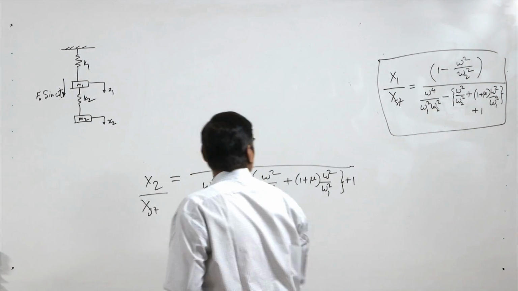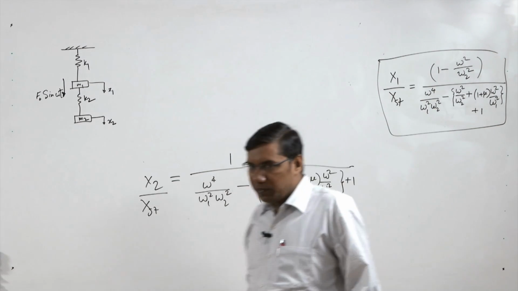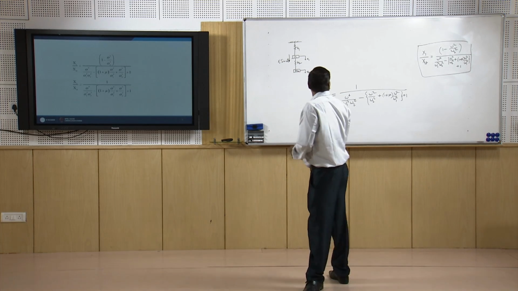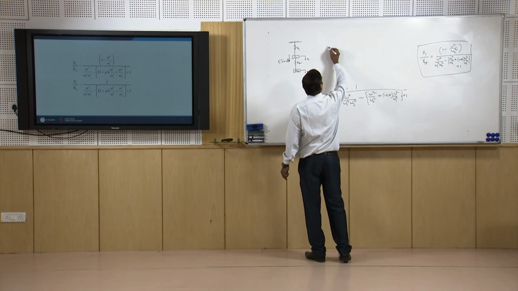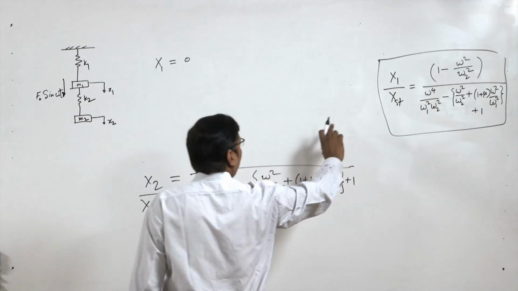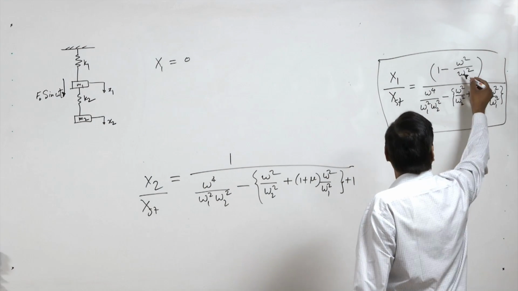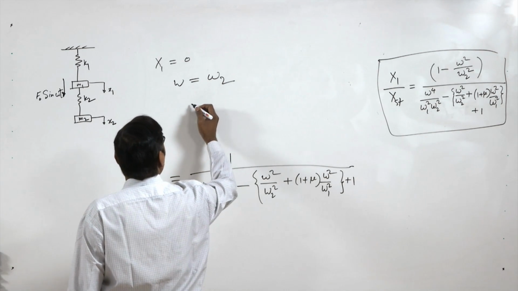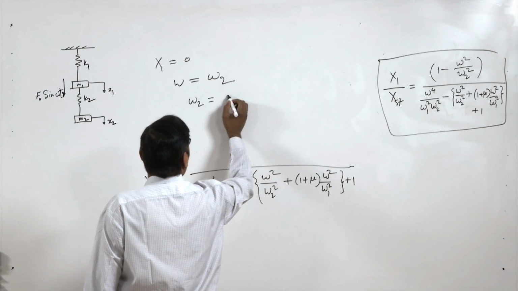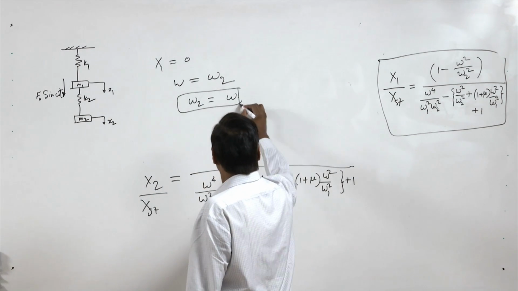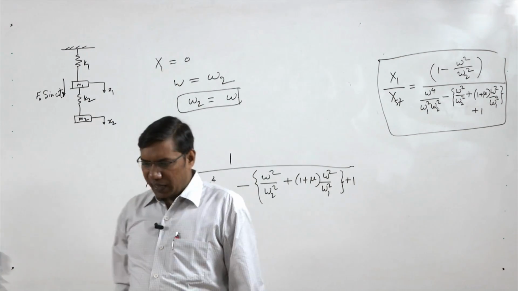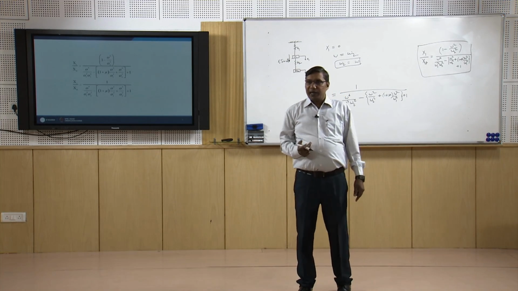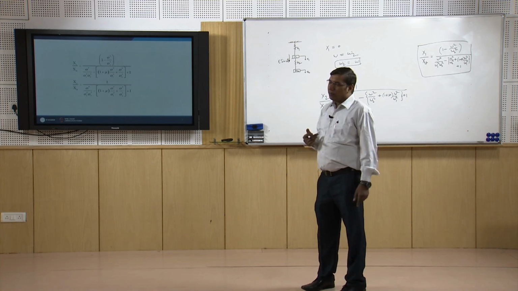So we can see that this is the response amplitude of the first mass, the main system. So x1 is 0 when omega is equal to omega 2. When omega is equal to omega 2, it means that the natural frequency of the absorber is equal to the excitation frequency. We will get the zero response of the main system.